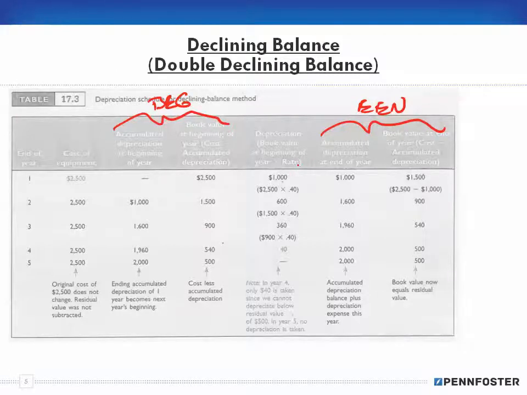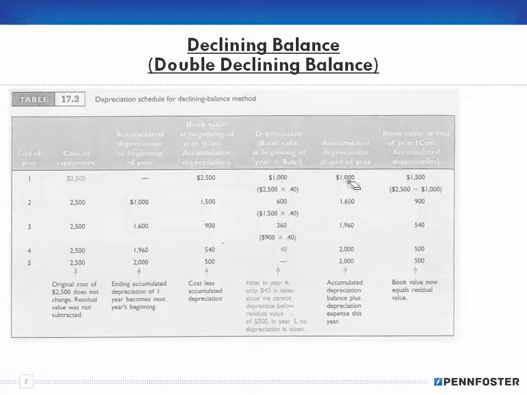We will calculate a depreciation, and that's where the difference in this method comes. Whatever we get for the depreciation will create our accumulated depreciation, which will then be subtracted from the book value to give us our book value for the end of the year. But I'm jumping ahead without explaining some of the other basics.